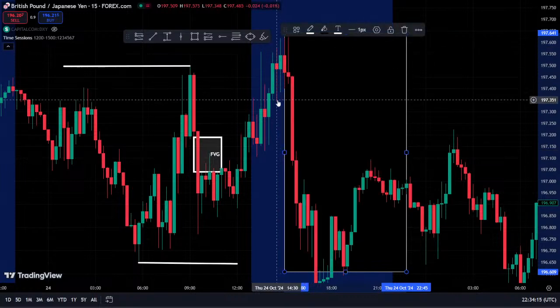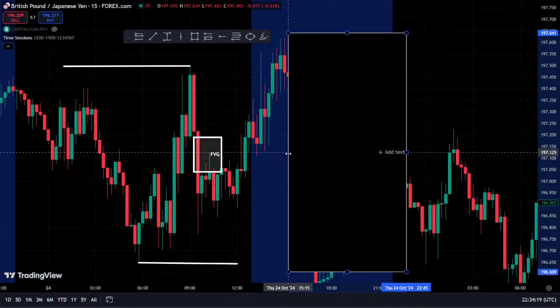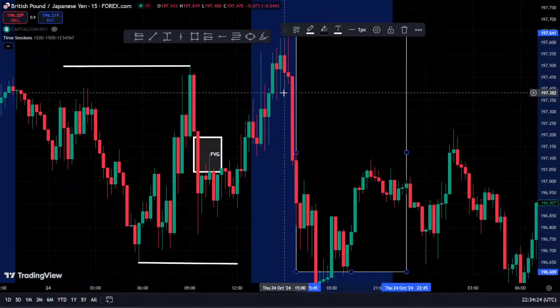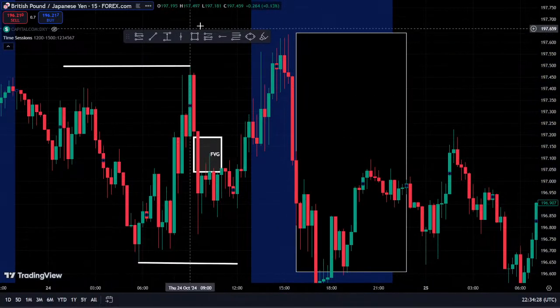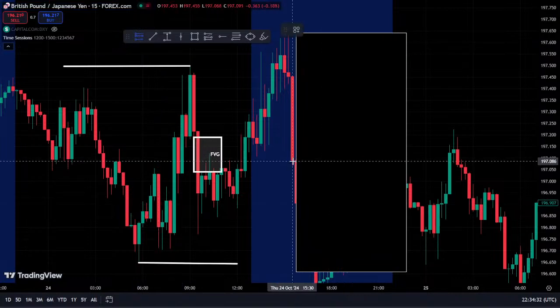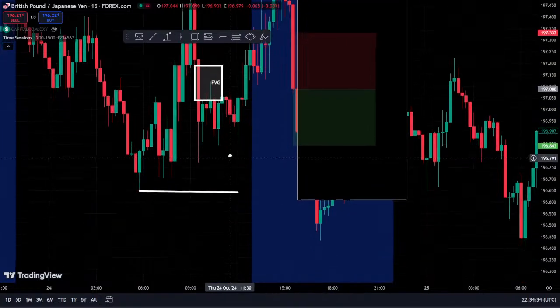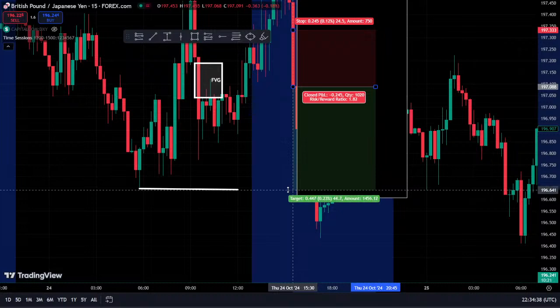This is the most recent low, and the price ends below it. So from here, you could do a short. Put it here. Areas of liquidity, just aim for the bottom, to be fair.